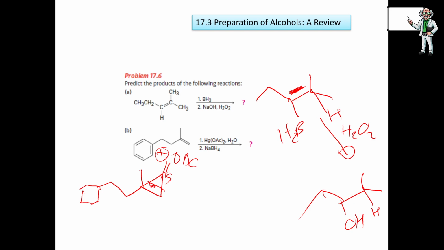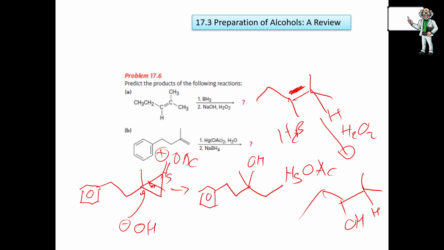Then, as we are using water as a solvent, this water will attack the most substituted position, and what we have is this compound. Okay, and then when we add the sodium borohydride, what we will get is the change of the mercury for a hydrogen, as you can see here. Okay?